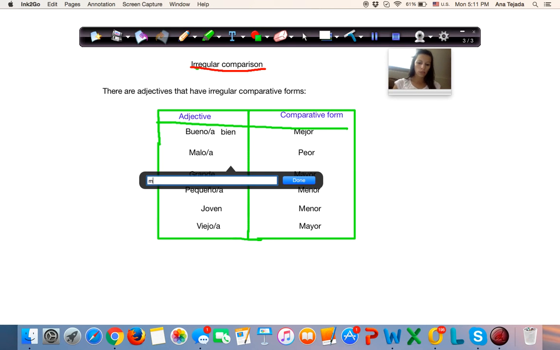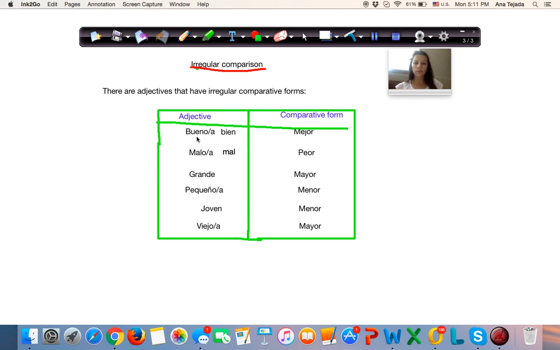And for malo, we can also have mal. Those are adjectives because they describe. They are all related. So when we're comparing, instead of bueno or buena or bien, we're going to use mejor.